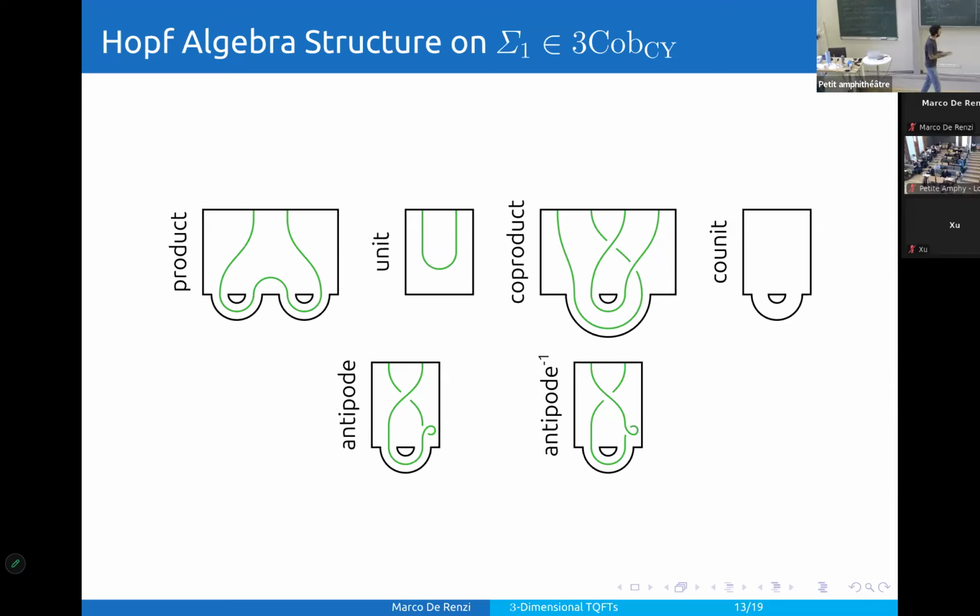These would be the two main examples. We will look at finite rigid categories. We will actually look at ribbon categories. So what's a ribbon category? It's a left rigid braided monoidal category that comes equipped with a twist.